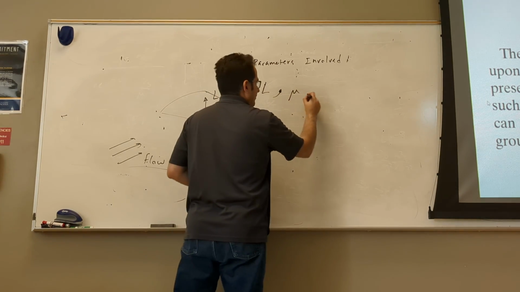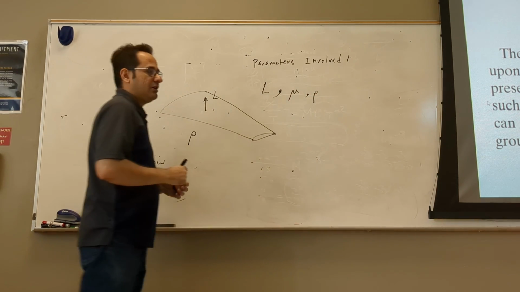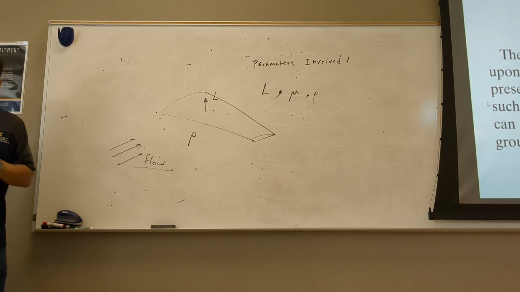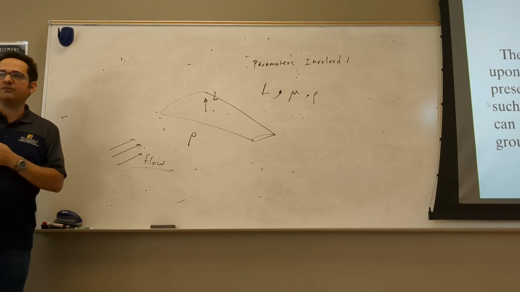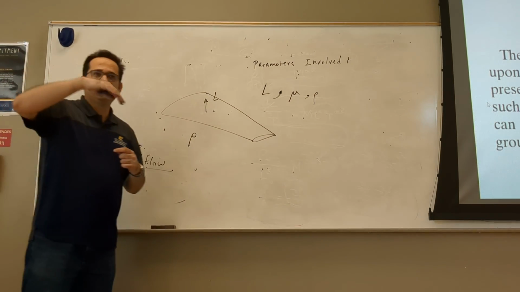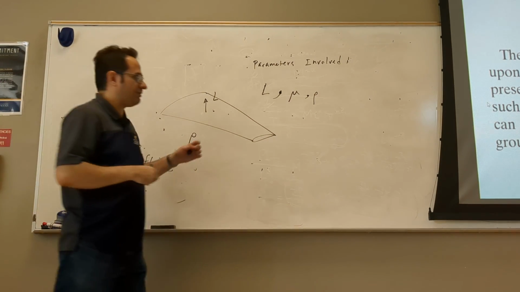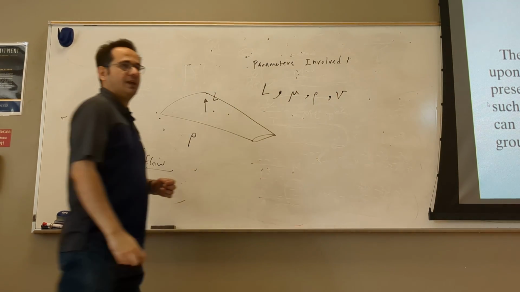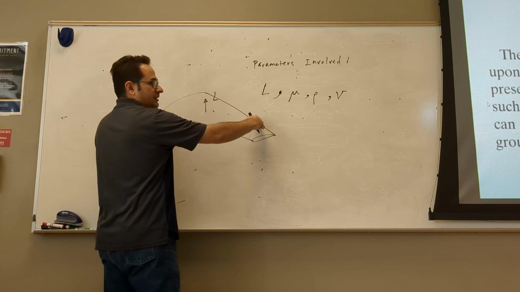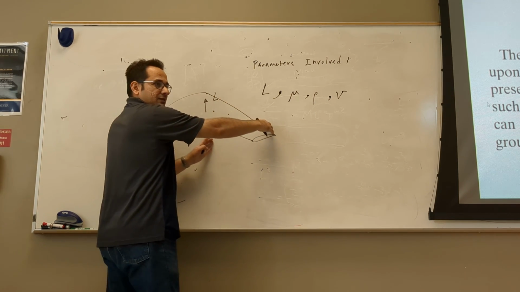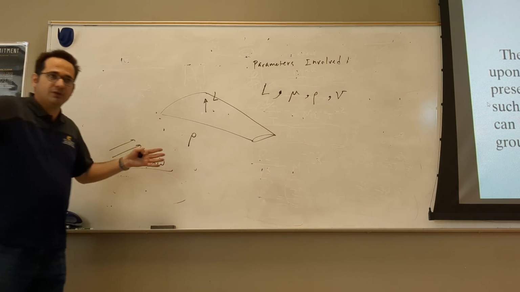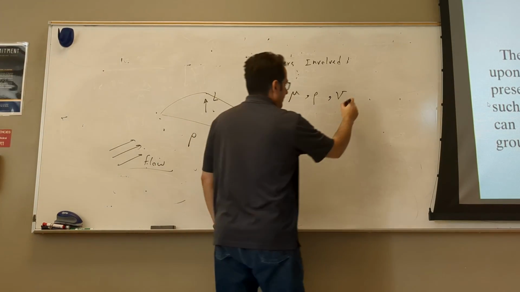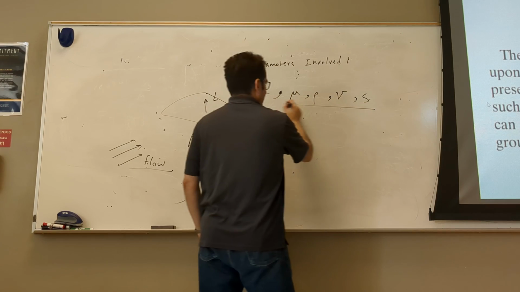So another parameter is rho. Another parameter on the lift is the free stream velocity. Do you remember in the wind tunnel we increased the velocity, and then the drag increased? So these also depend on velocity, and also on the surface. The bigger the surface of the wing is, the higher the lift and drag it gives you, both of them.